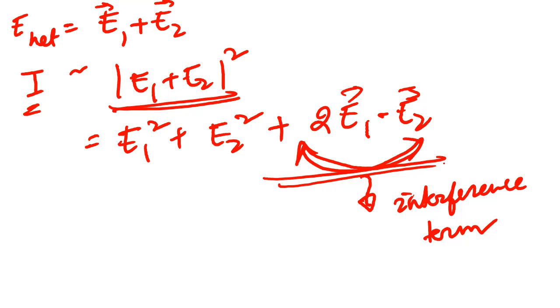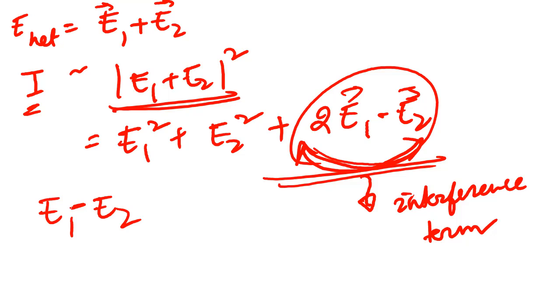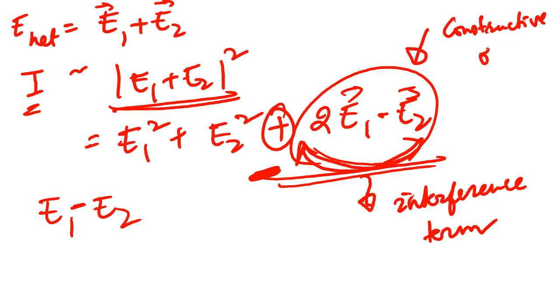For example, if I have E1 and E2 with a minus instead of a plus, then this is going to be negative here. So depending upon how you superimpose two different electric fields, you can have them cancel out or not cancel out, and that comes from this extra term, and that's what leads to either constructive or destructive interference.